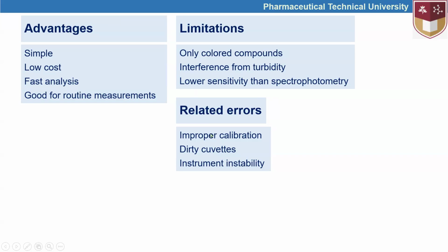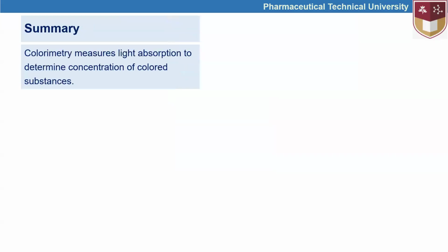Related errors resulting from improper calibration of cuvettes or instrument instability might also cause differences between the results obtained by two different experts, or by the same experimenter with two different tools. These are the advantages, limitations, and related errors.